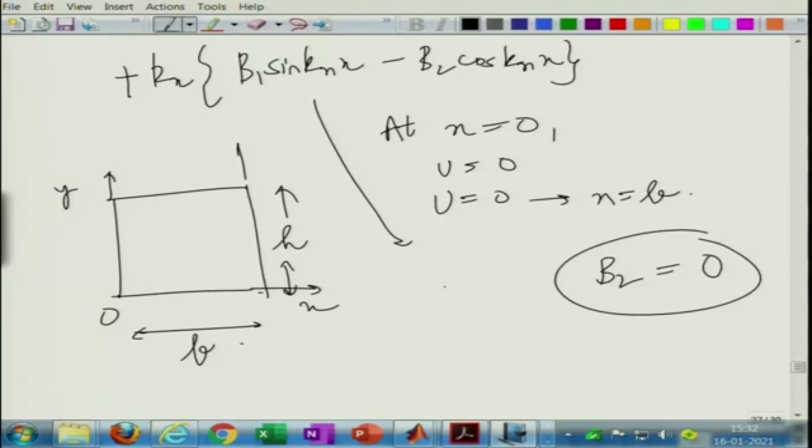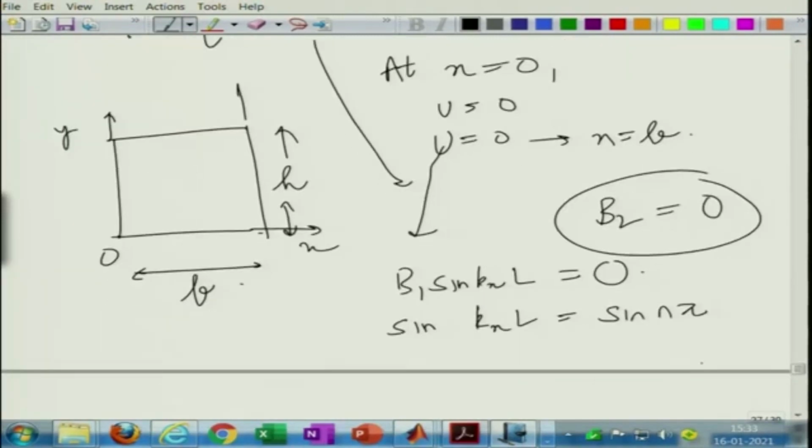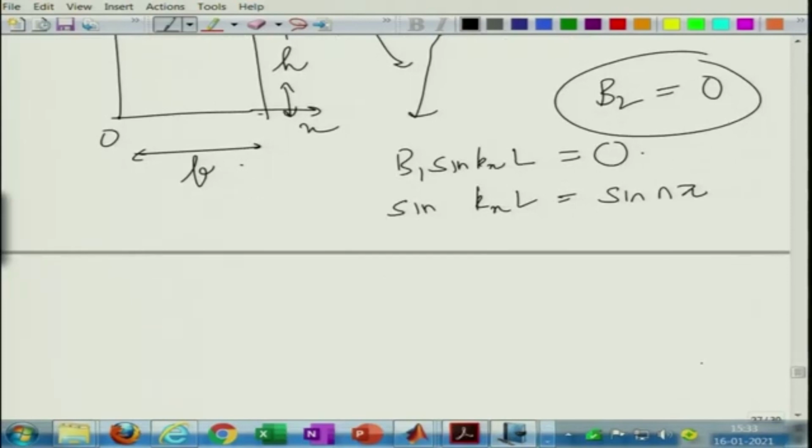Now other condition is invoking this particular guy, and we will see b1 into sin of kx into L, that is equal to 0. So, that would mean sin of kx L is equal to sin of n pi, where n ranges from 0, 1, 2, 3, 4 like this.